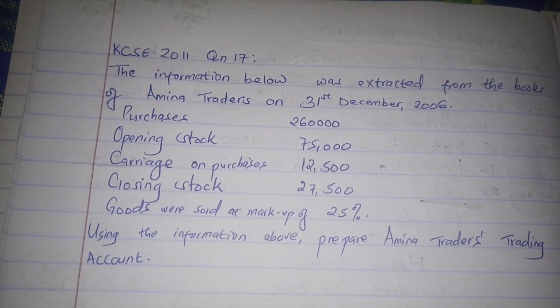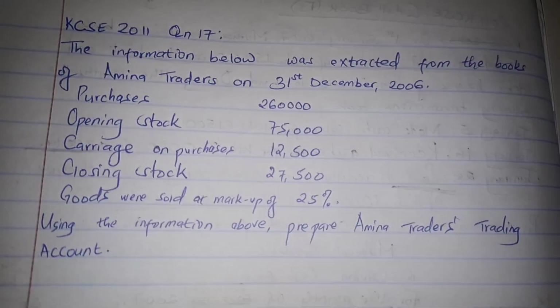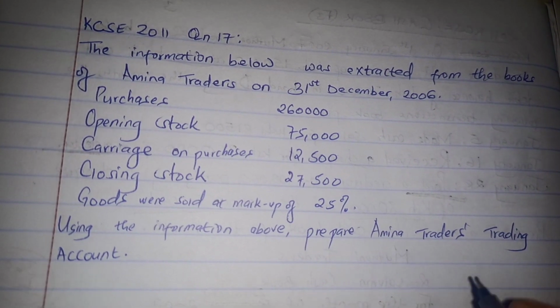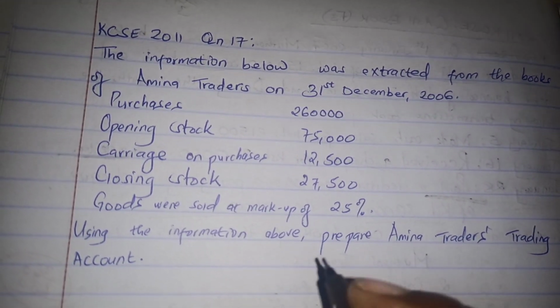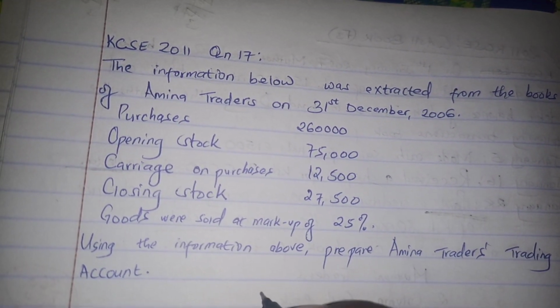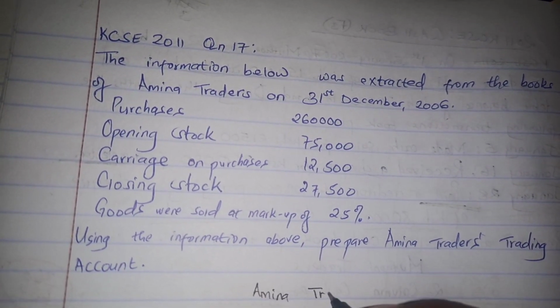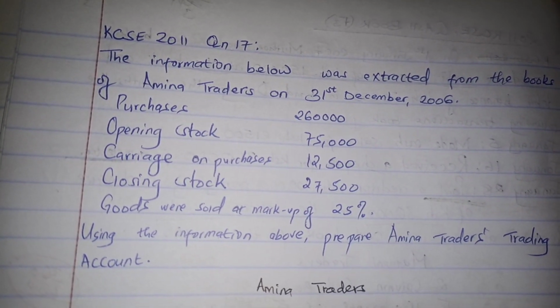Now, let's move straight to the answer. When preparing a trading account, we start with the heading, which starts with the name of the business, Amina Traders. What are we preparing?